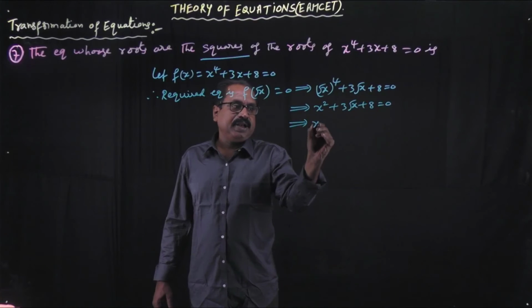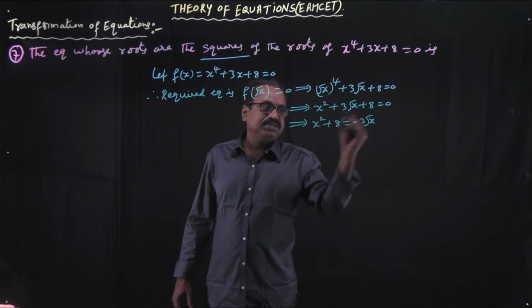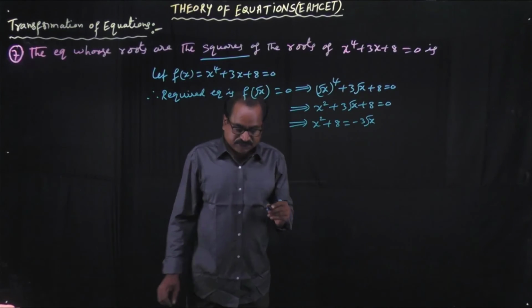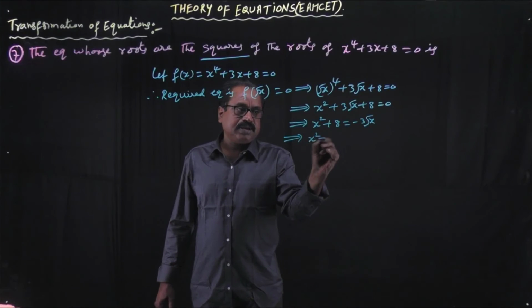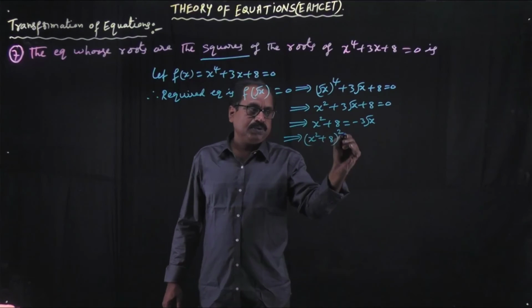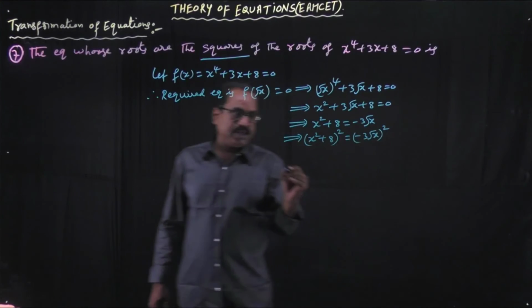Now this can be written as x square plus 8 is equal to minus 3 root x. Again squaring on both sides. x square plus 8 whole square is equal to minus 3 root x whole square.